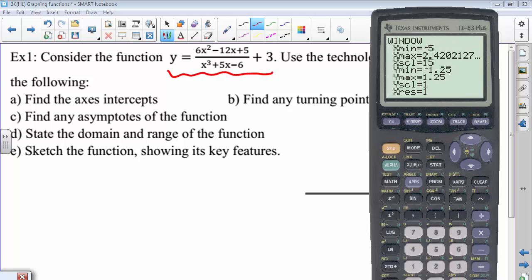My window setting will be x minimum equals -5, x maximum equals 5. And in most cases, we want the unit scale on the x-axis to be 1. Y minimum, I can choose -5, y maximum 5, and y scale is 1. So let's see the graph.